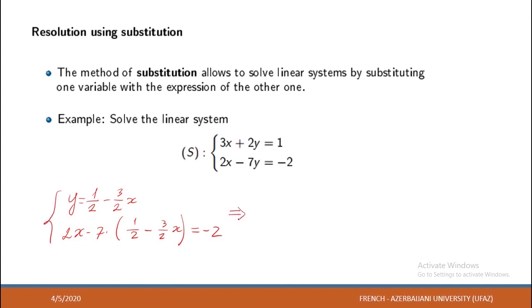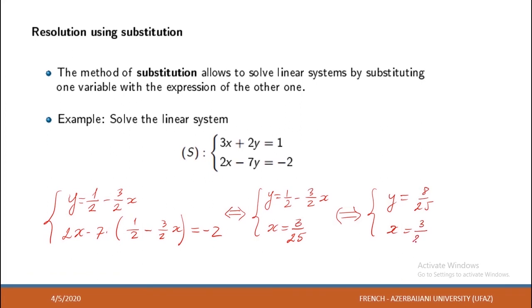From here, y is 1 over 2 minus 3 over 2 x and x is 3 over 25. If we write the value of x in the first equation, the value of y will be 8 over 25, x is 3 over 25, that's it.